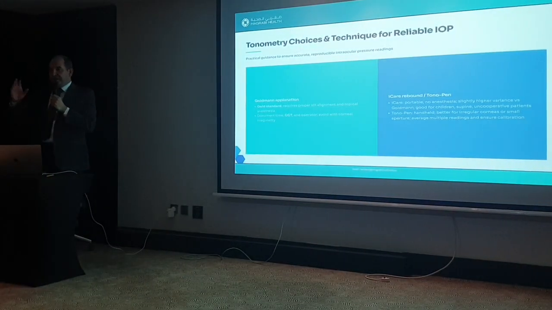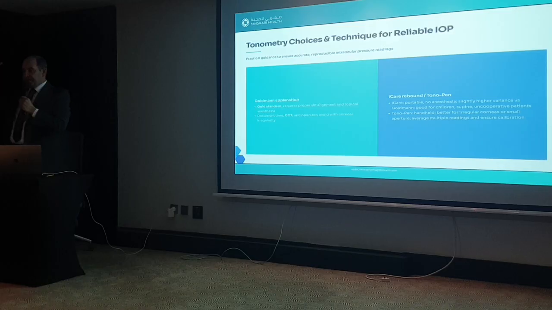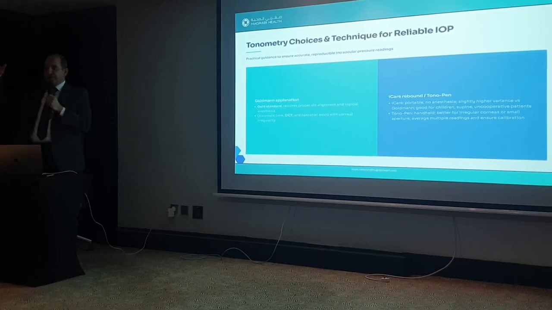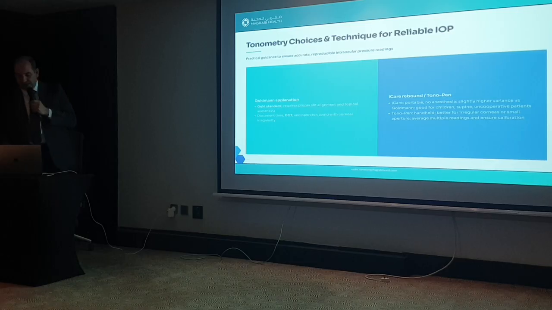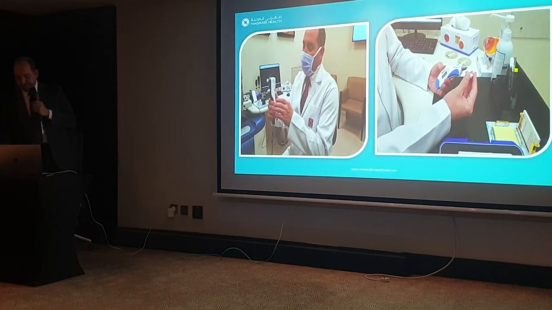For tonometry, we have the Goldmann, which is the gold standard, but for our busy clinics, we can use the Tonopen or the iCare. Myself, I find the iCare the most suitable, especially for children. It's very fast, you can use it even without anesthesia.